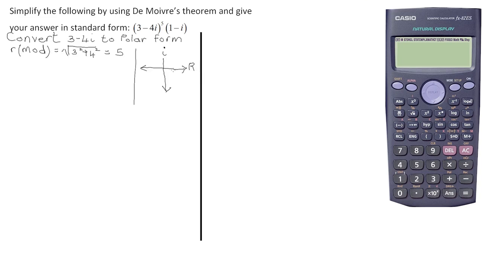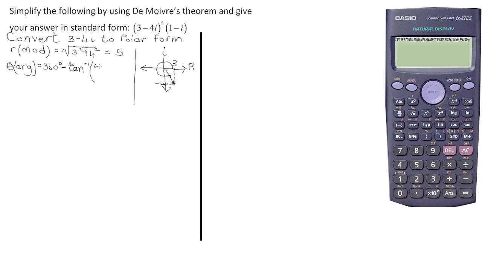Your real part there is 3. Your imaginary part here is -4. Which means this angle, which is your argument, will fall in quadrant number 4. So you're going to apply the same rules as was the case for trigonometry. Your argument will therefore be equal to 360 degrees minus arctan. Now please, people, very, very important, no negative signs after arctan.